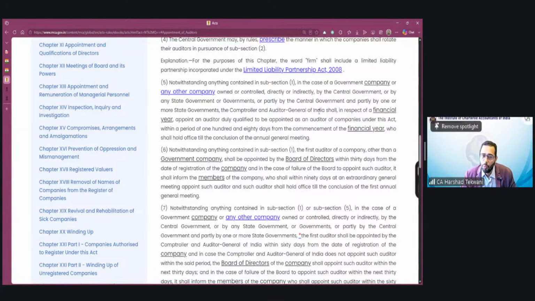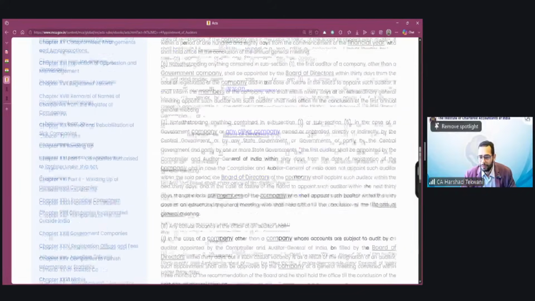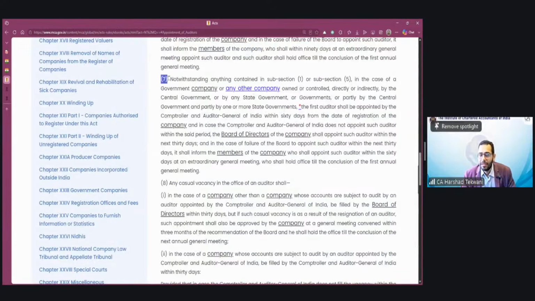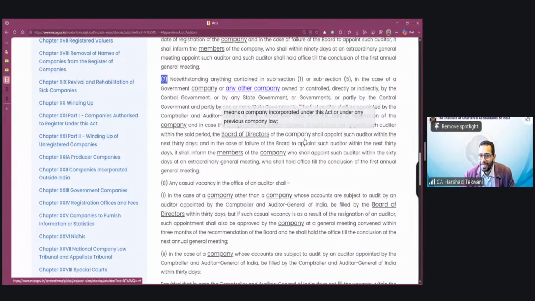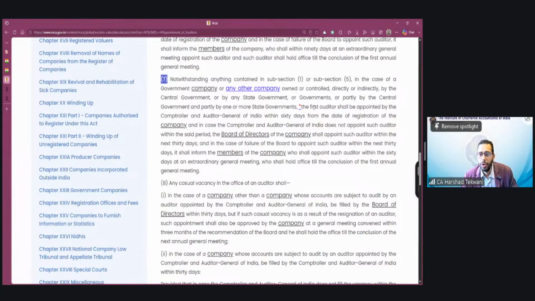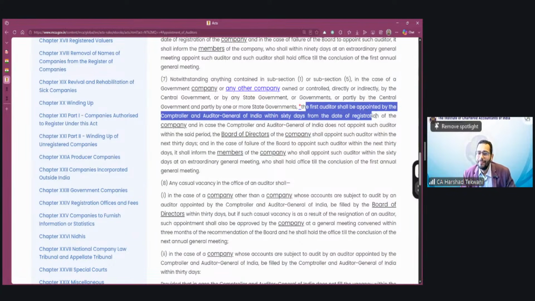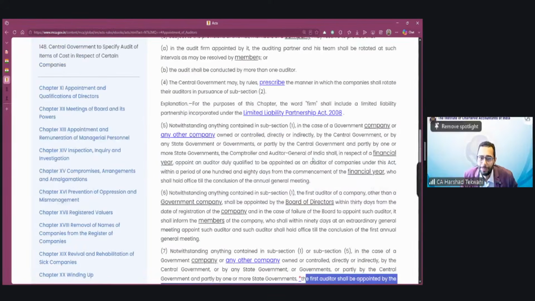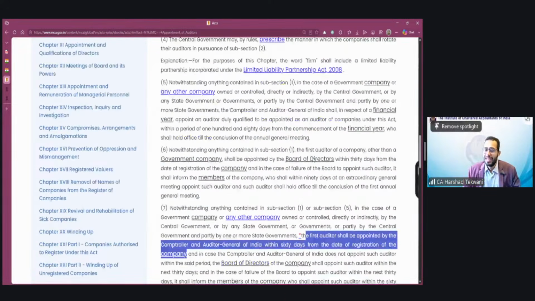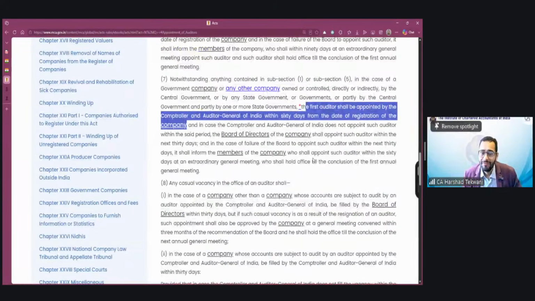So 139(5) provides the power to CAG to appoint the auditor for the government company. And 139(7) talks about the first auditor, who shall be appointed by the CAG within 60 days from the date of registration of the company. So for the subsequent auditor it is 180 days, but in case of the first auditor, it has to be within 60 days. That is how the auditors are required to be appointed for the government company.